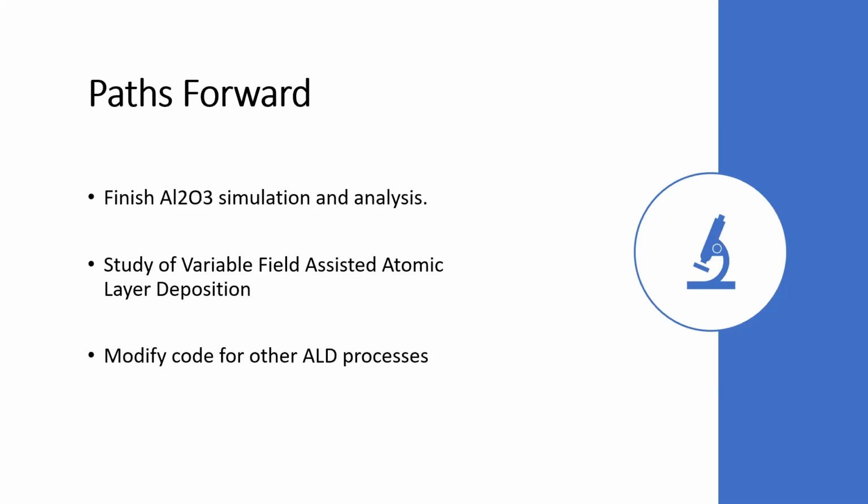And we could potentially get different energy barriers for these reactions. We can also modify this code for other atomic layer deposition processes. It's not limited to just these, but more work needs to be done to get this code to where it can handle that.